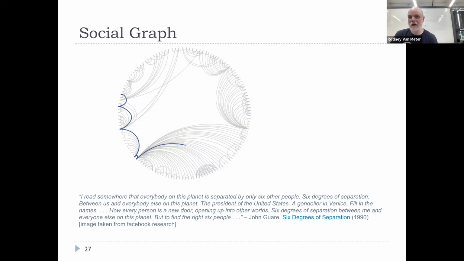Everybody has a set of people they know, and so people are vertices in a graph of the population of the whole planet, and edges are the relationships between people who know each other.